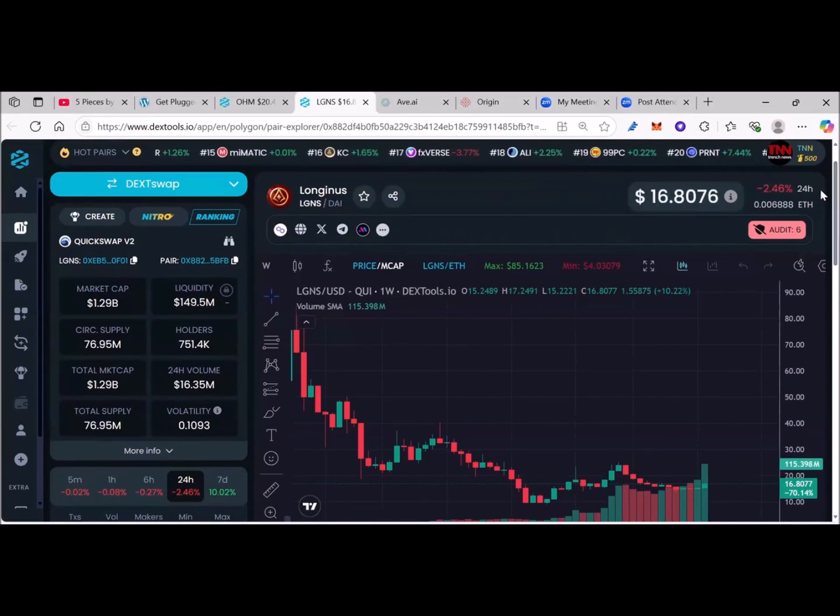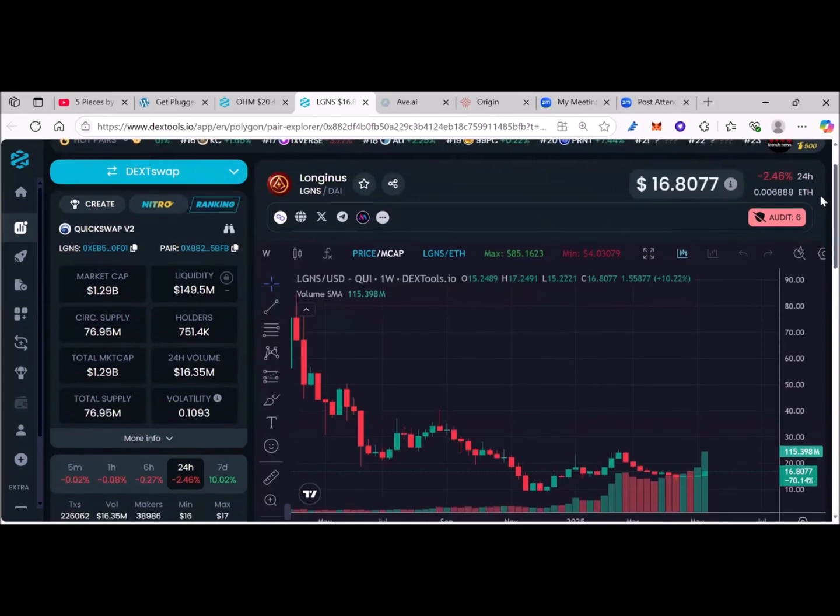But I want you to see how well this has done since March the 7th, 2024. So it's been operating successfully for 14 months. So this is not brand new. So over that time, the liquidity has grown to $149 million. This is where the rewards are paid out of. The market cap, the number of coins that are in circulation, is 1.29 billion.